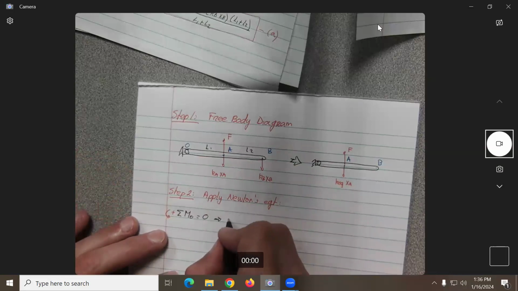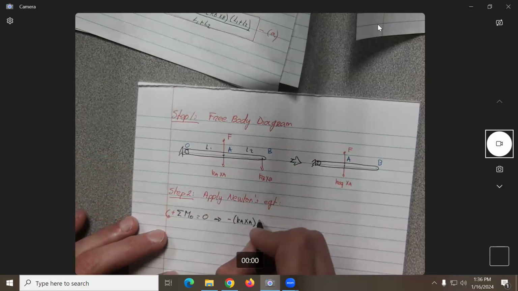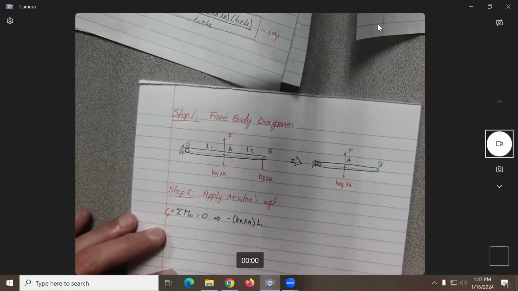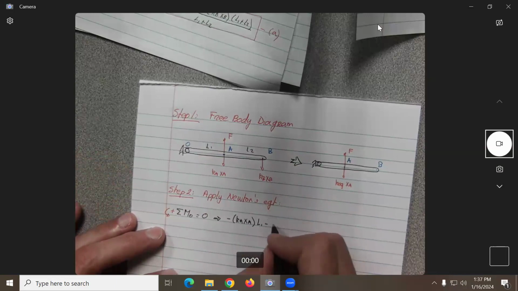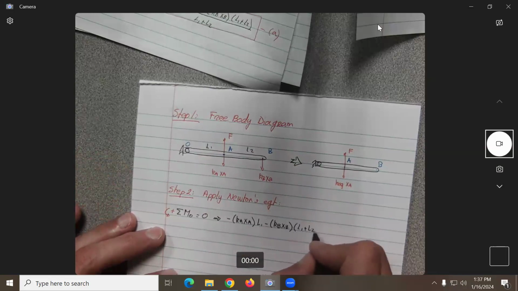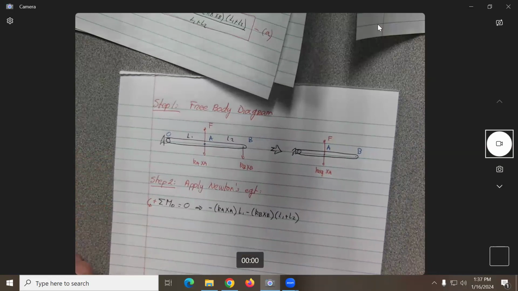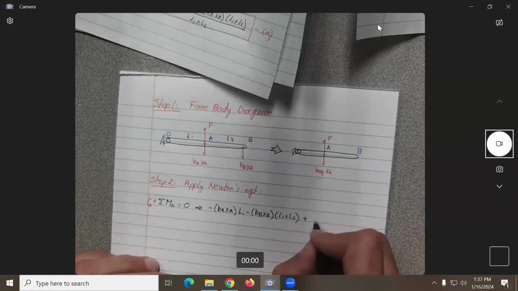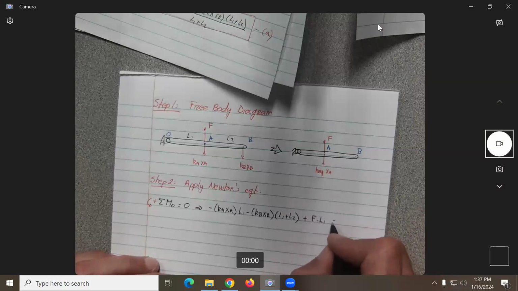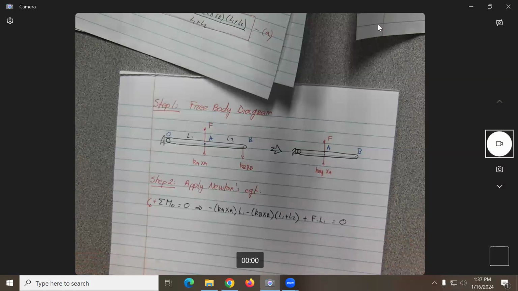Okay, so the amount will be minus K_A X_A as before L1, minus K_B X_B L1 plus L2, no? And then what we're gonna have plus F times L1 equal to 0, no?